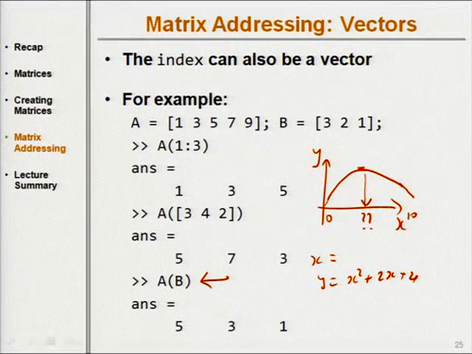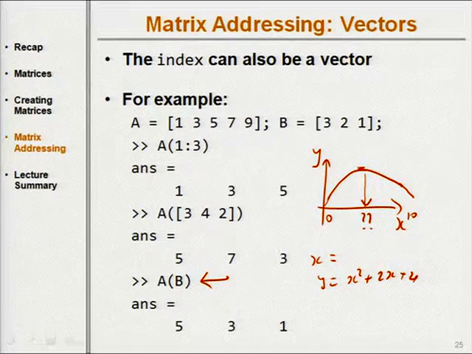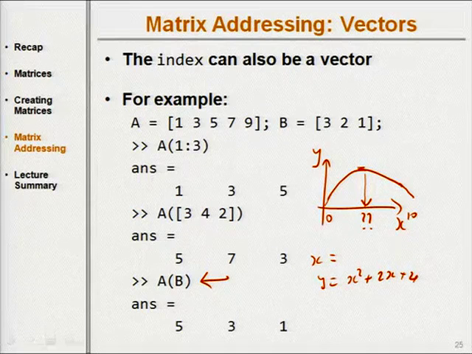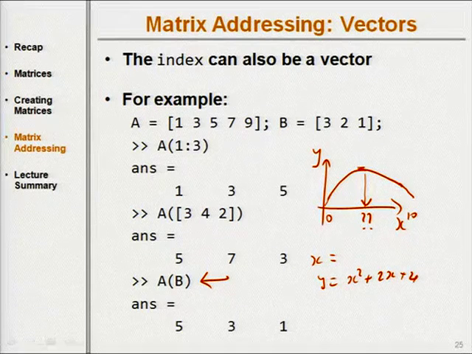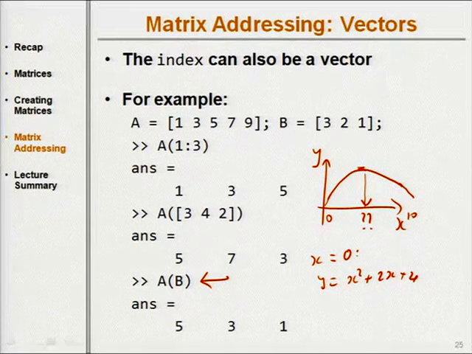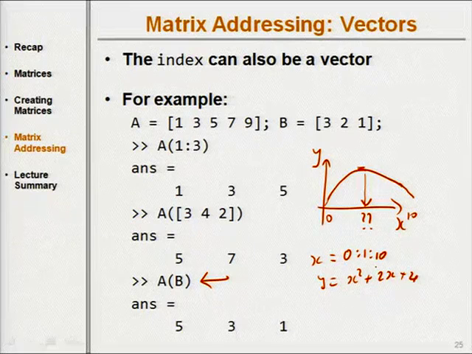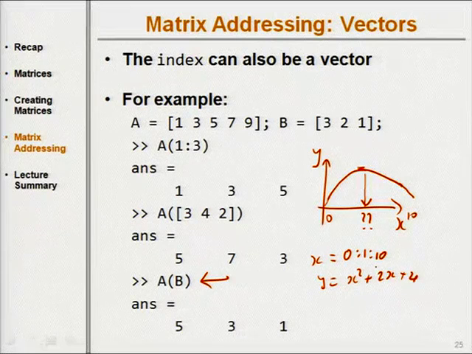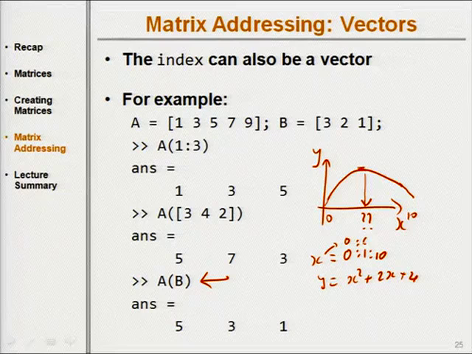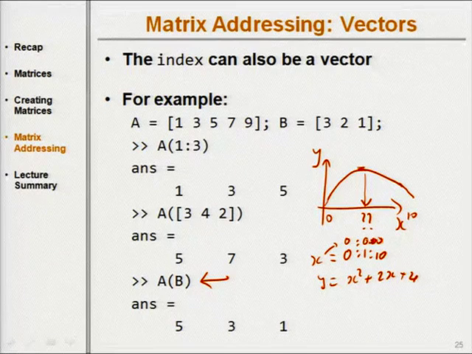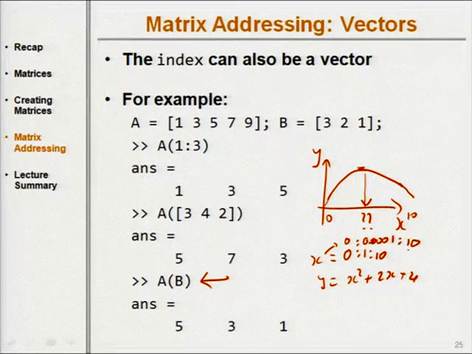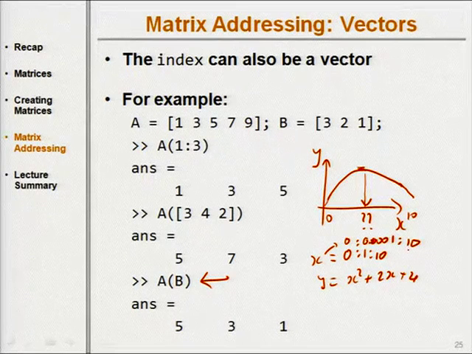Now, if you need to plot or calculate that trajectory, the first thing you need to do is create a set of values for X. So you could create 0 in increments of 1 to 10, but this will give you only 11 data points. Since the computer is doing that for you, you can make it 0 in increments of 0.0001 until 10, so create like 100,000 data points.